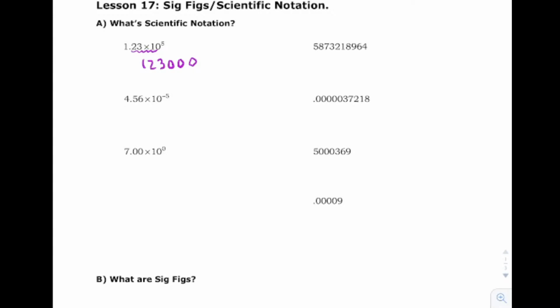Now the reason this works is because if you actually take 10 times 10 times 10 times 10 times 10, well, that's what 10 to the 5th means. It means multiply it by 10 5 times.